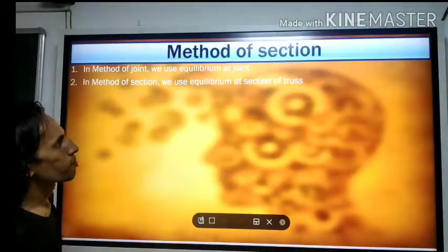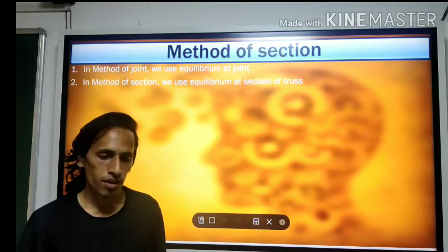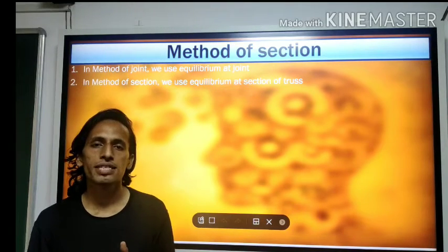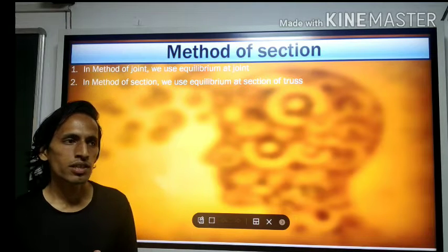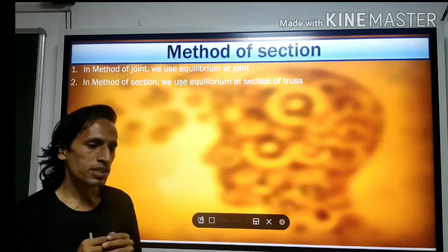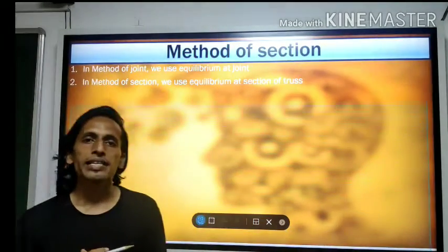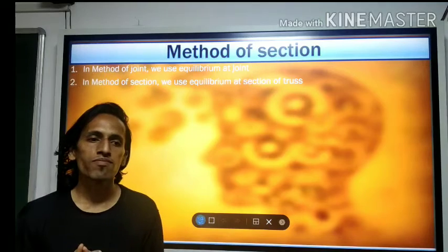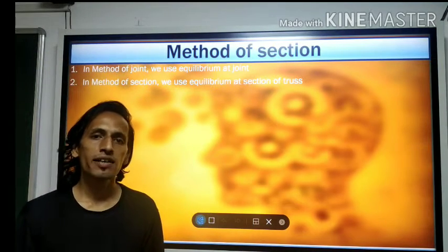First thing is, what is the basic difference between method of joint and method of section? The key point here is that method of joint uses equilibrium only at the joint.